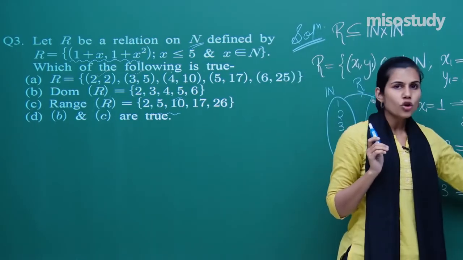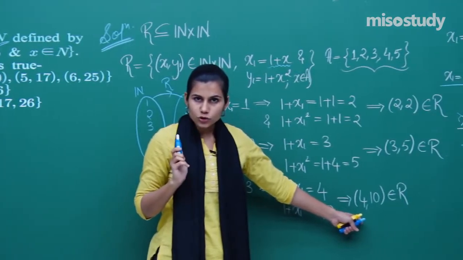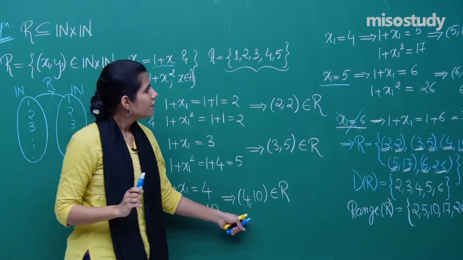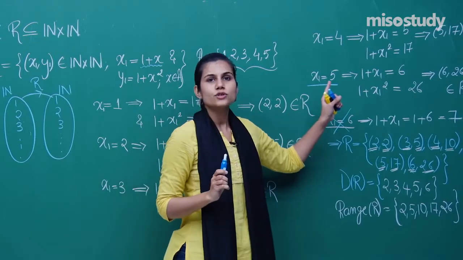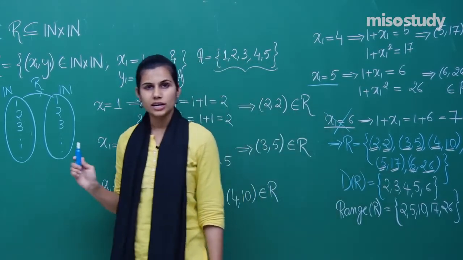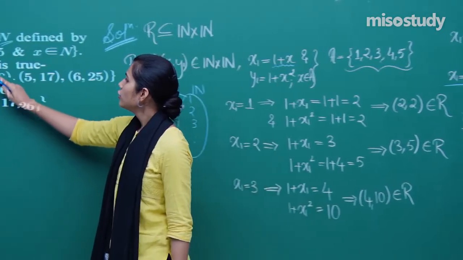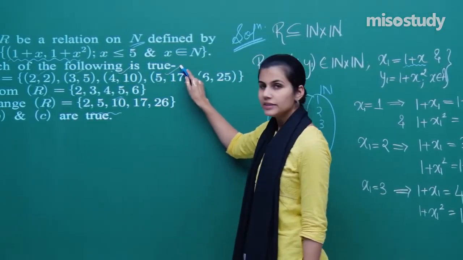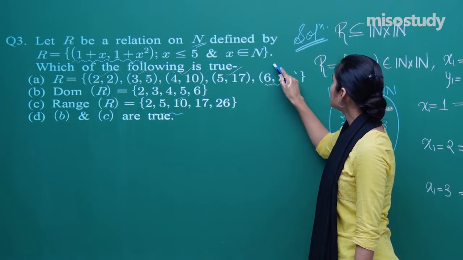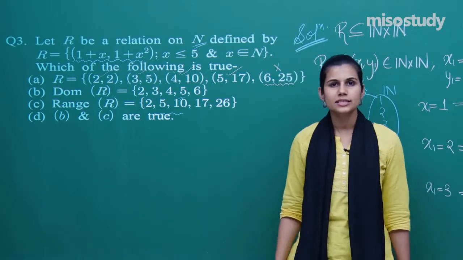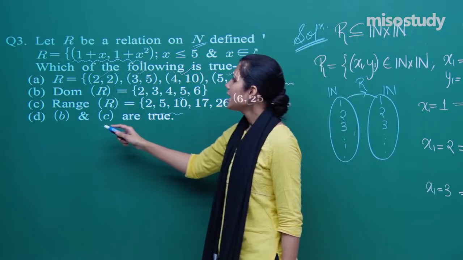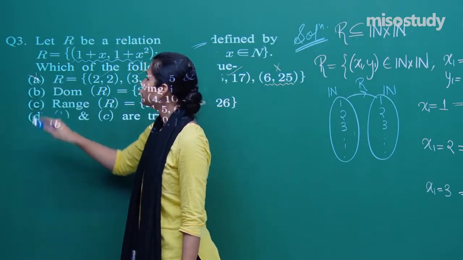We had (4, 10) definitely coming out, and therefore (4, 10) is sitting in the relation. (5, 17) is also sitting in the relation, and (6, 26) is sitting in the relation. But over here, (4, 10), (5, 17), no problem. (6, 25) is the problem. It does not sit inside the actual relation R, and that is why A is not the correct option.